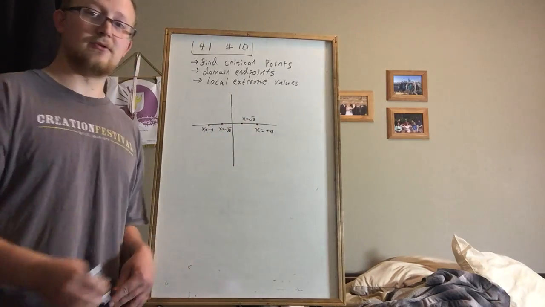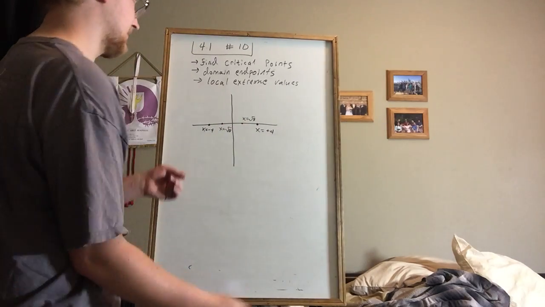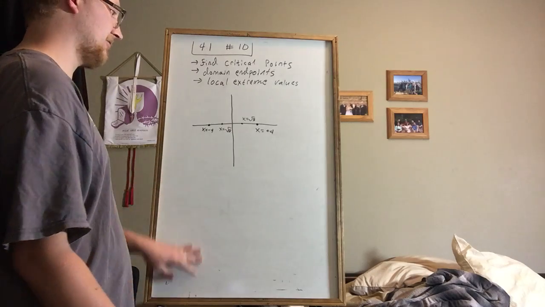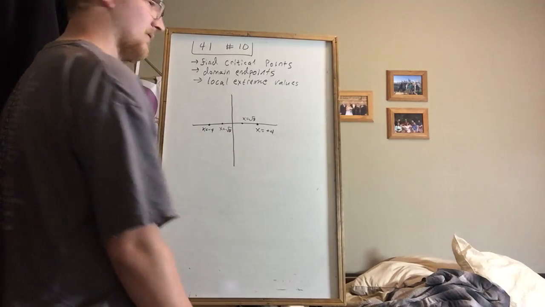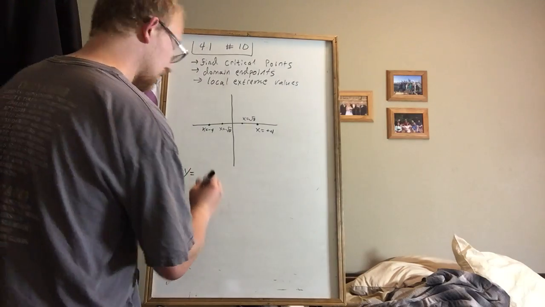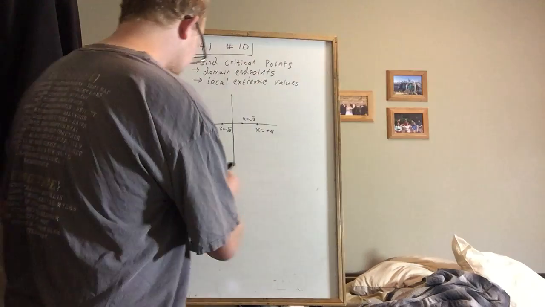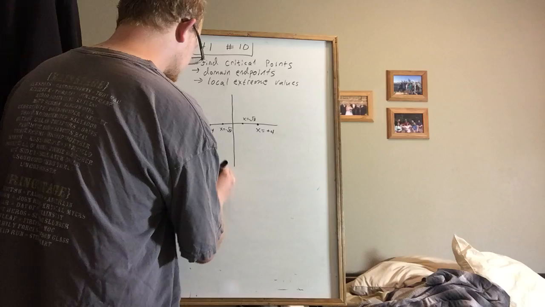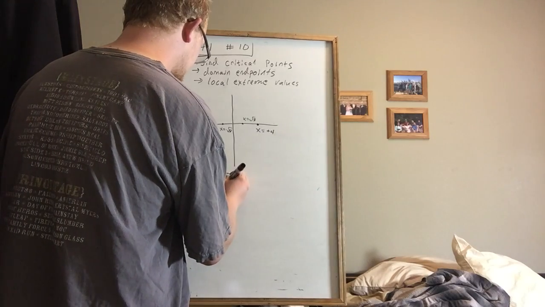There's a way to do this with the second derivative, but for me I would just prefer to plug in these values to our original function. So y equals 4x times the square root of 16 minus x squared.